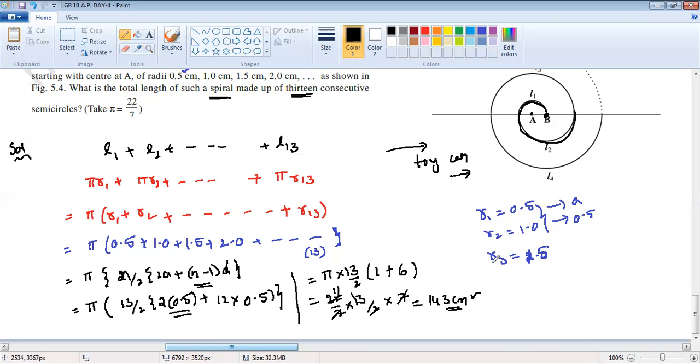The length of the total metal strip in the shape of a spiral is 143 centimeters. Clear? Have you understood?